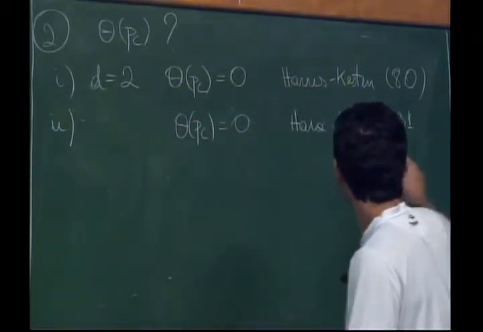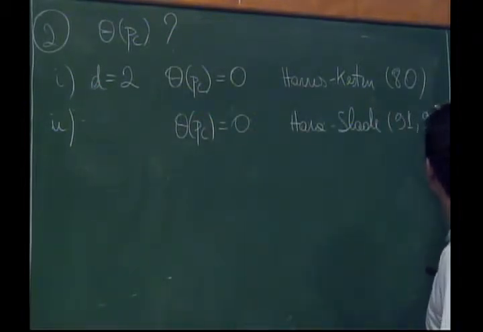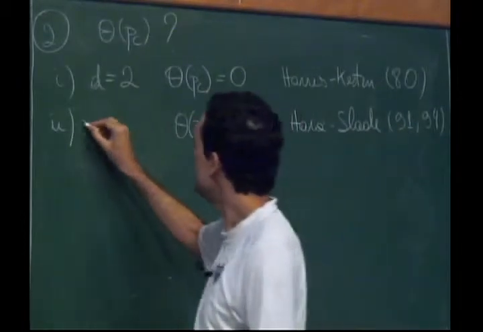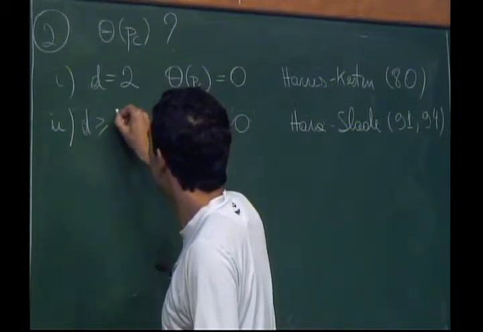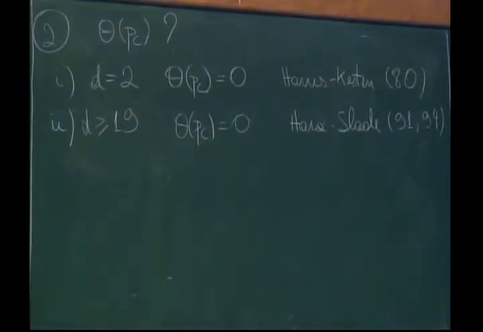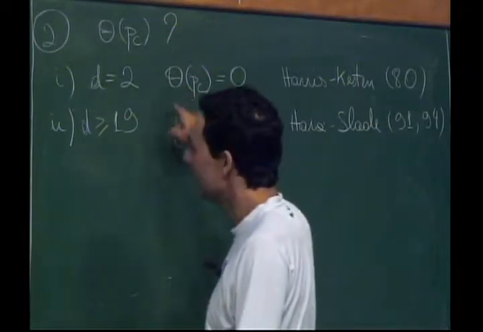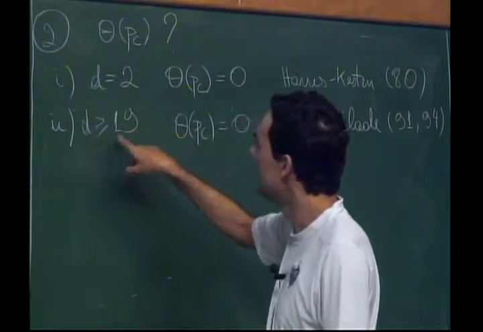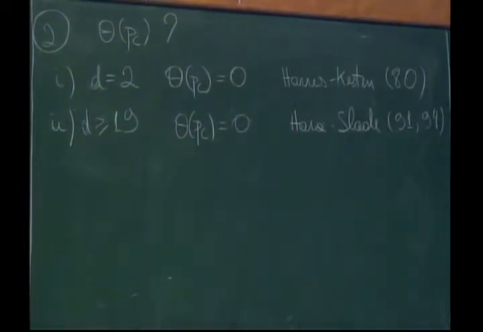And in a short note in '94, 19 is enough for this high dimension. That is, we know that this function is continuous for d equals 2 and d at least 19.